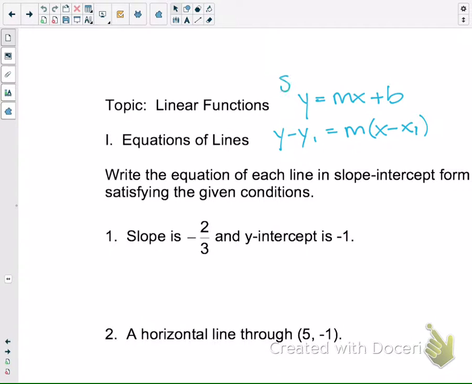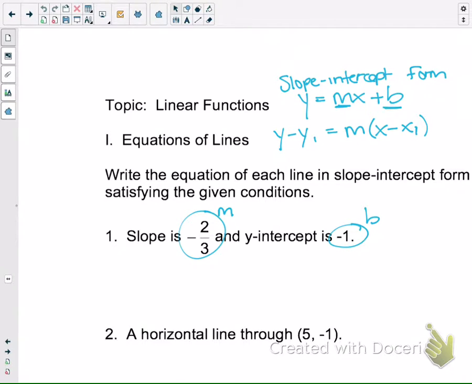Y equals mx plus b is generally called slope-intercept form, literally because it gives you the slope, which is your m, and it gives you the y-intercept, which is your b. So if you are in an example like number 1 here, I am given my slope, that's my m, I'm given my y-intercept, that is my b.